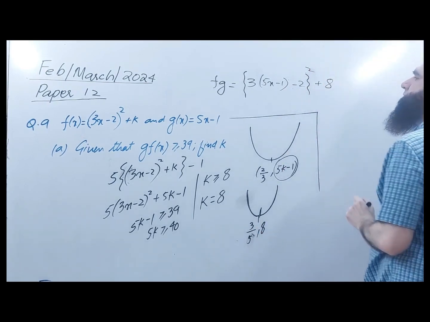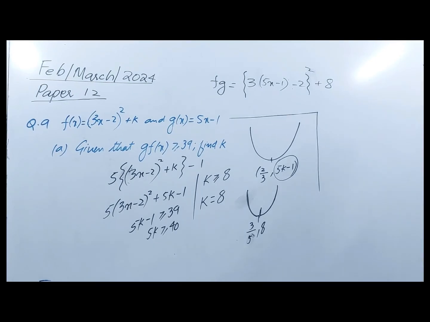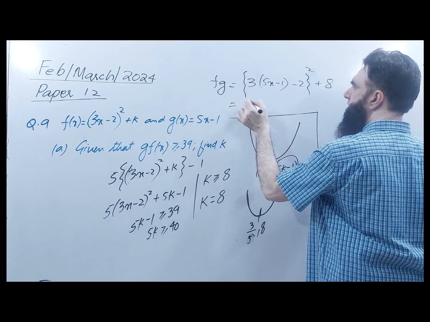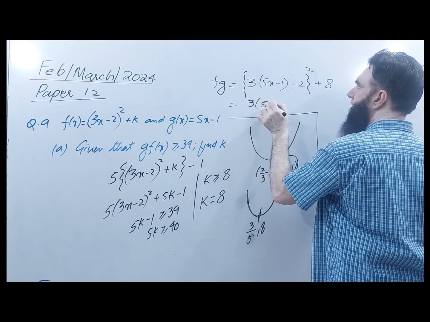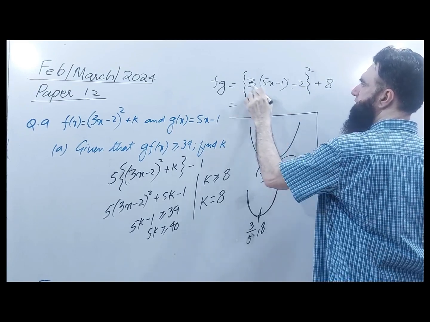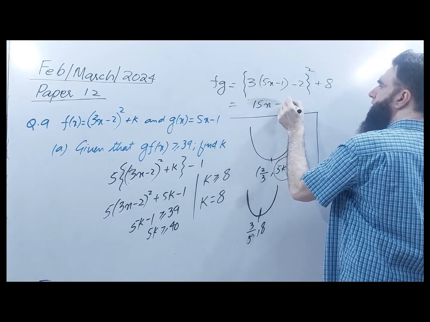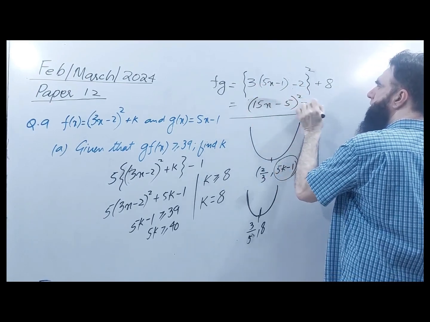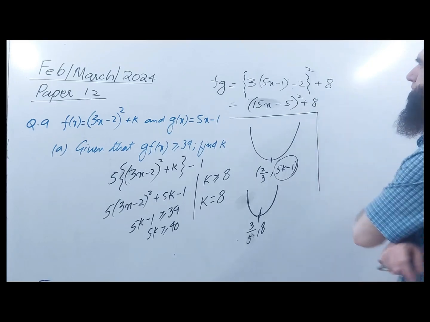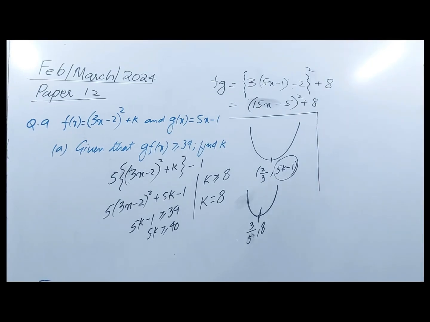k is 8. We have to find the range of this function. We simplify it. This becomes 3 times 5x, so this is 15x minus 3 minus 2 is minus 5 whole square plus 8. Again, this is a quadratic function.